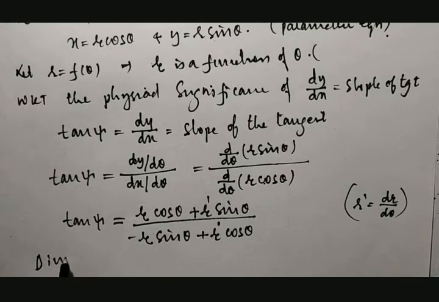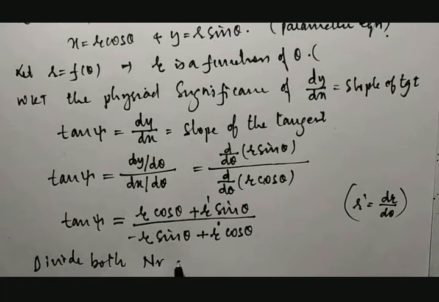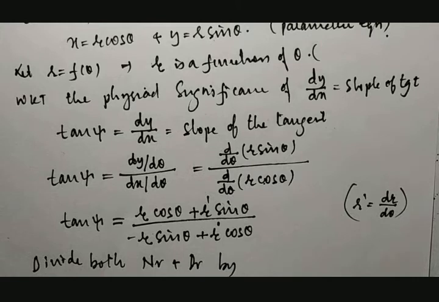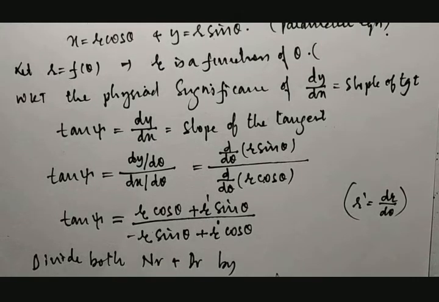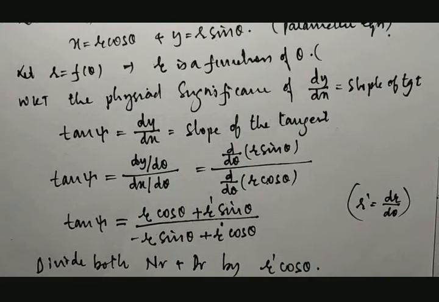Therefore, if we divide both numerator and denominator by one of its terms, that is r dash cos theta, then let us see what happens.